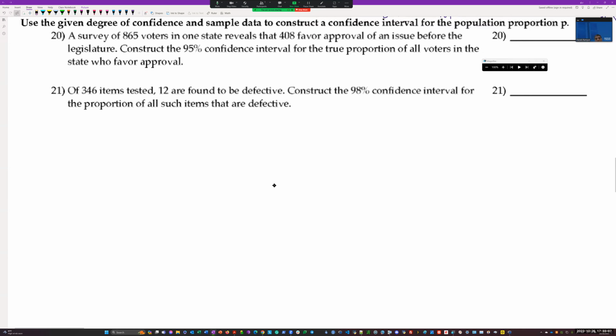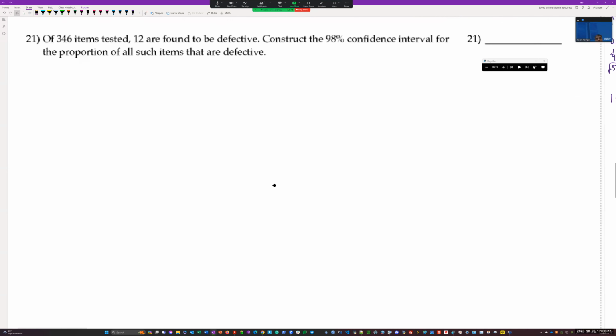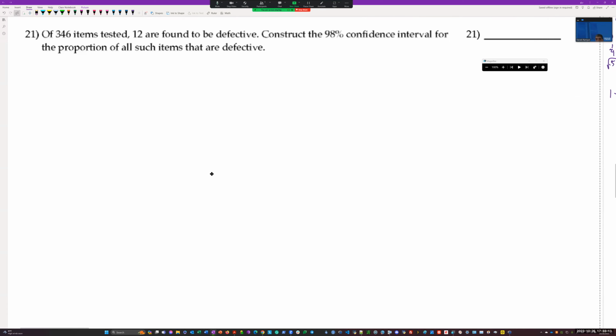What is this? I don't know, do the last one. Make the confidence interval. Confidence interval for the proportion of all such items that are defective. No, read the question. It says construct the 98% confidence interval.